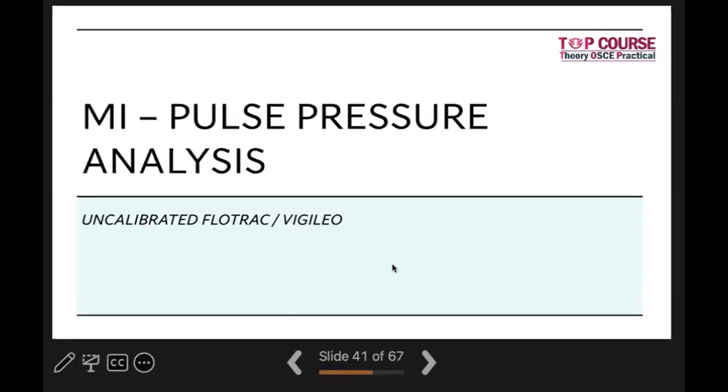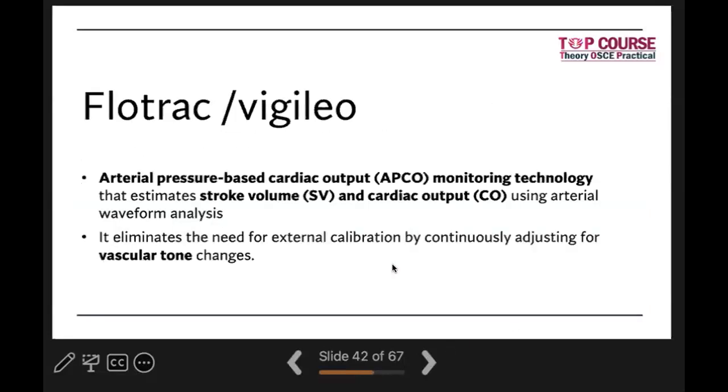Pulse pressure analysis is the method used in FloTrac or Vigileo, an arterial pressure based cardiac output monitoring technology, which estimates the stroke volume and the cardiac output using arterial waveform analysis. There is no need to externally calibrate. It automatically calibrates based on a nomogram based approach, for example the patient's age, demographics, as well as arterial compliance.